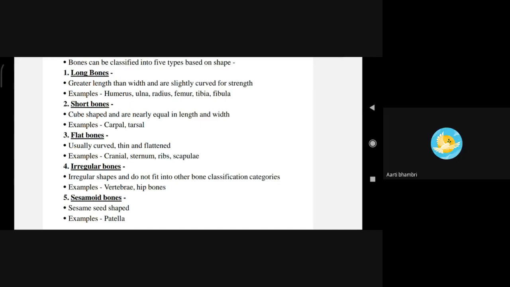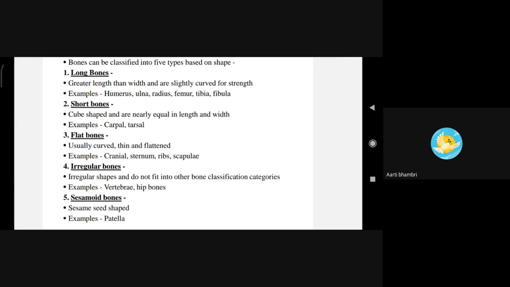Aarti, yeah, very good, Aarti ma'am. It is 306 at the initial stage, when the child is born. Then the bones get merged at the joints, and to an adult, the bones become 206.